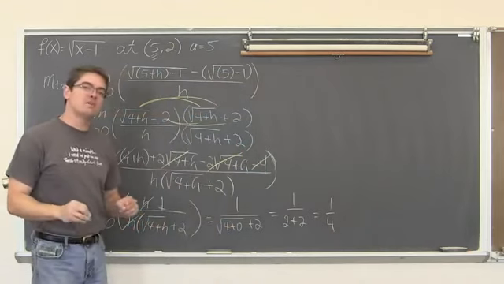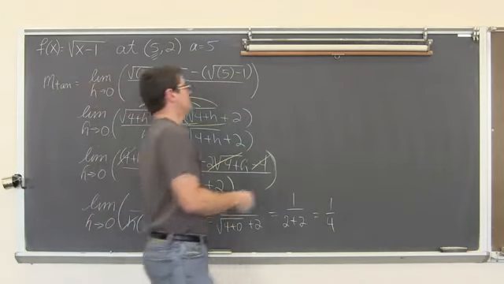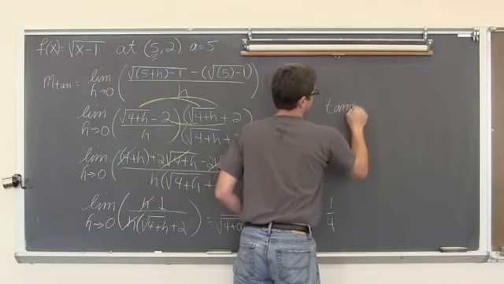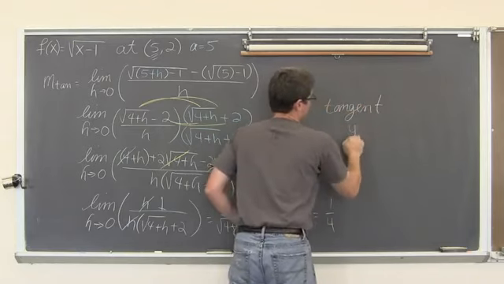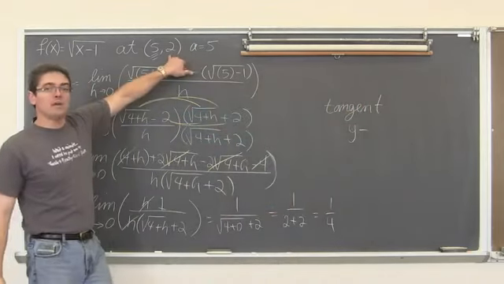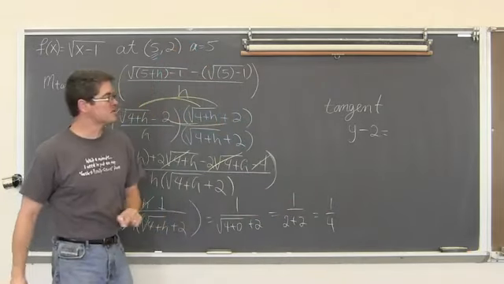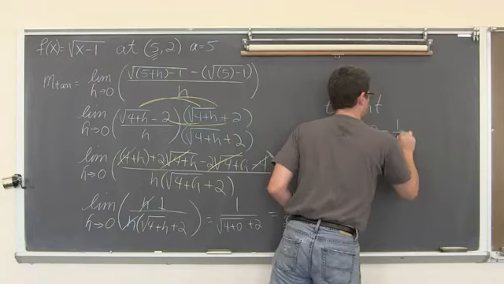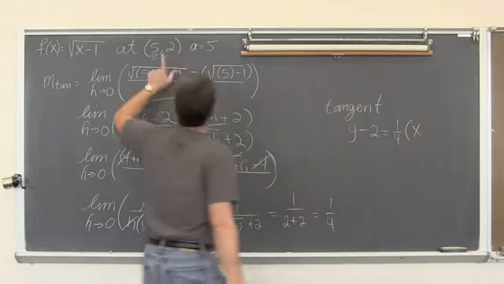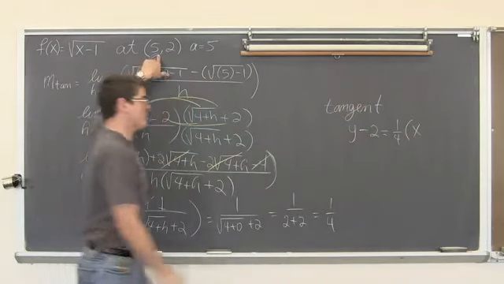And if I needed to actually find the tangent line one more time, the tangent line is y minus the y of the point equals m, our slope, which is 1/4, times x minus the x of our point.